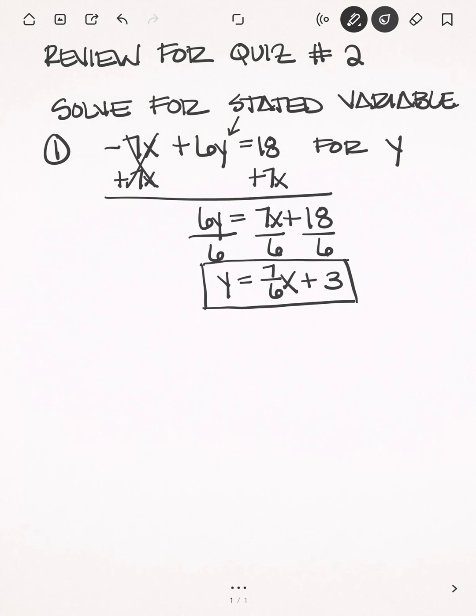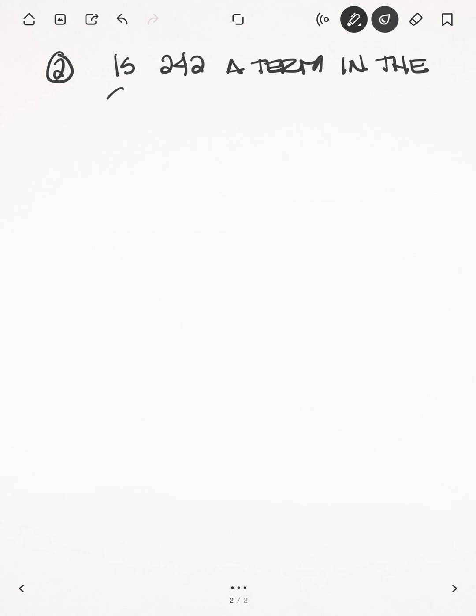All right, let's try this next one. Let's go ahead and turn the page. Number 2 says, is 242 a term in the sequence T of n is equal to 4n minus 30?